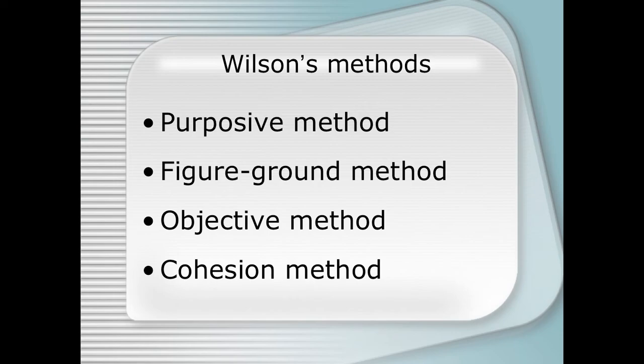And then finally, Wilson's fourth method is the cohesion method. So looking at what holds the work together, what cohesiveness there is, what has been said and what is not said. Note, however, again, that this requires subject expertise to know what holds it together and what's been left out.